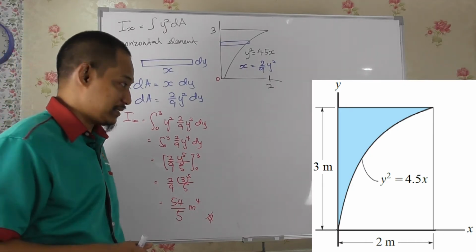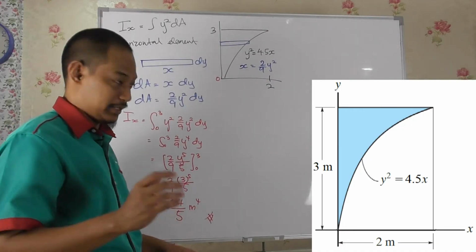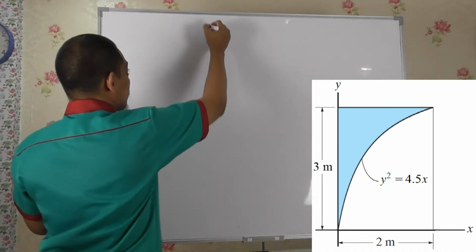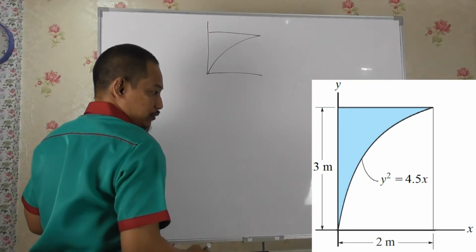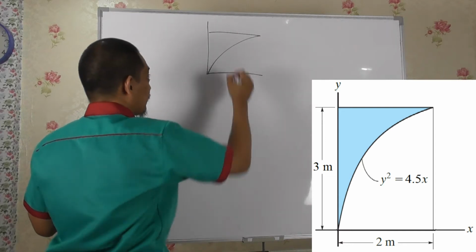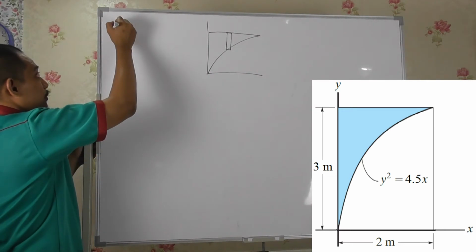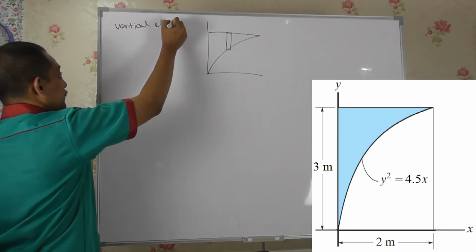Going on to part B. We have to erase this because part B is about Iy. So for part B, we have to find Iy using the vertical element.